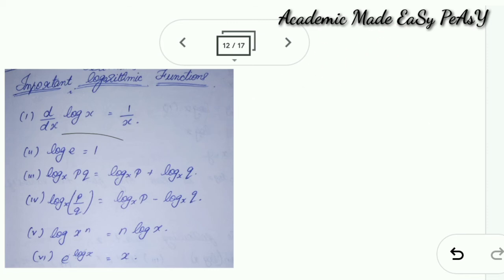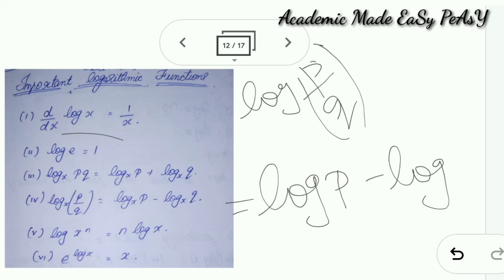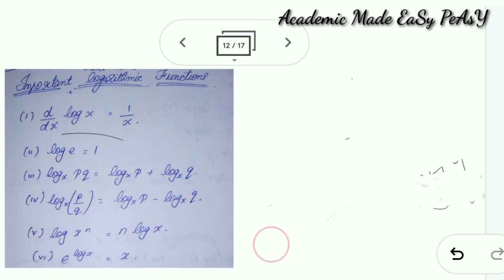Next, if it is log of p by q, then we divide, that means subtract. Okay, so log p by q is equal to log p minus log q. Then log x power n is n log x.